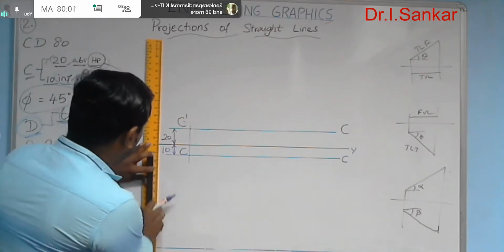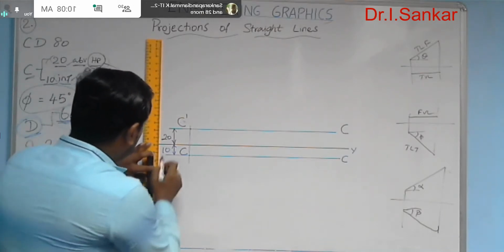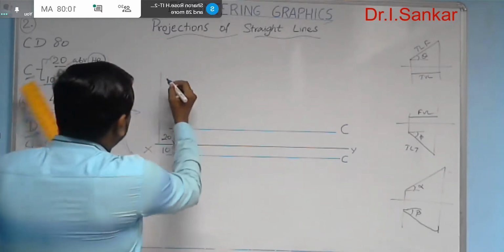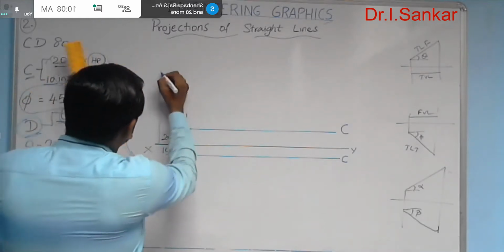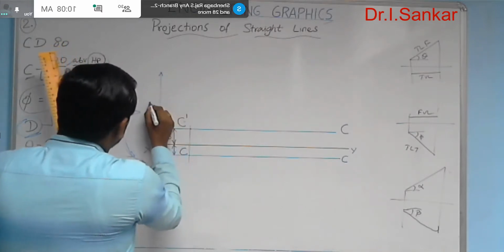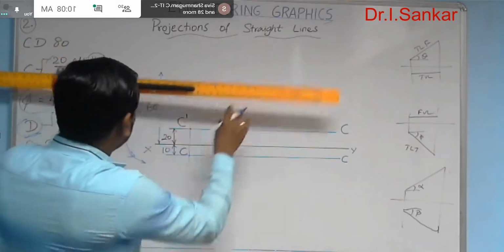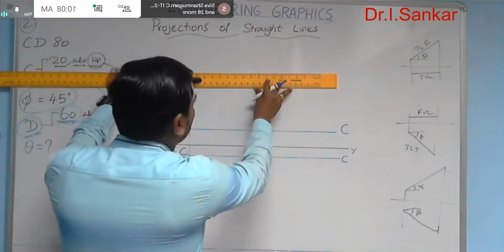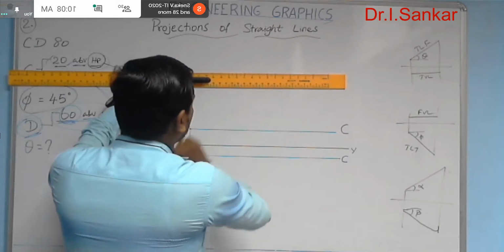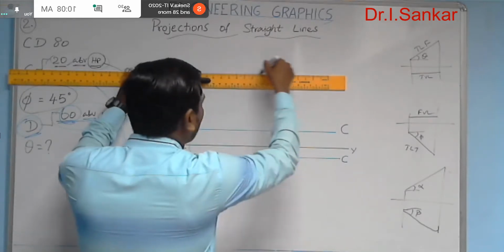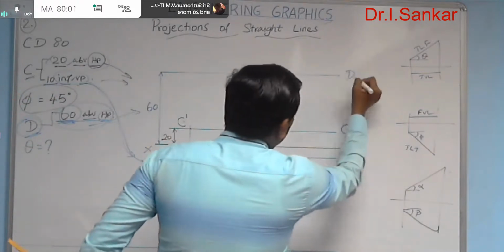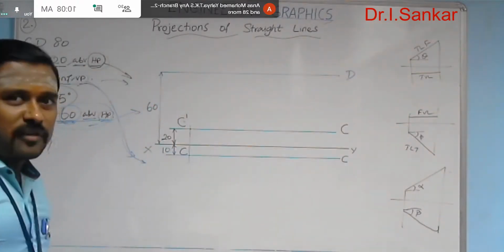So measure 60 mm in the front view area and draw the locus of D. So this is nothing but the locus of D in the front view area.